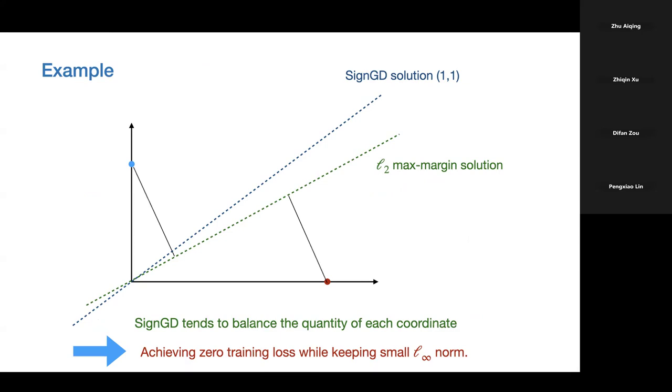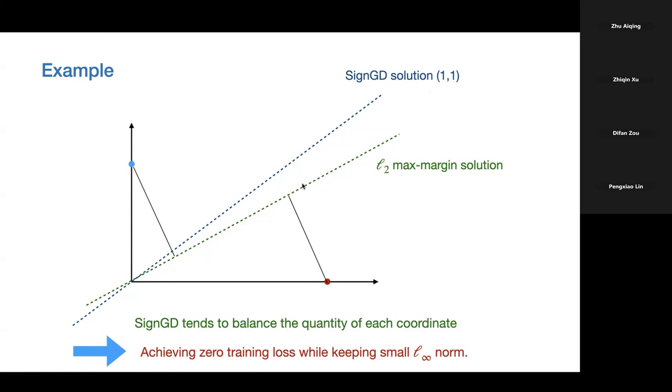Sign gradient descent tends to balance the quantity of each coordinate, because if you only consider two data points, each update along different coordinates will always be the same. So finally, in this simple case, the final convergent direction will be (1, 1). Well, if we consider the L2 max margin solution, that will have a different margin.